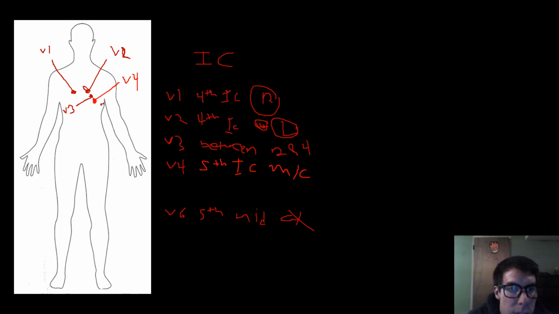It's kind of hard to see on this with the angle, but it's right there. V6. And then we'll go back to V5, which will go between V4 and V6. So right there.